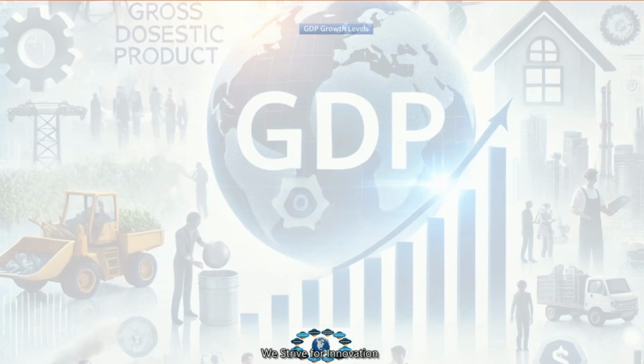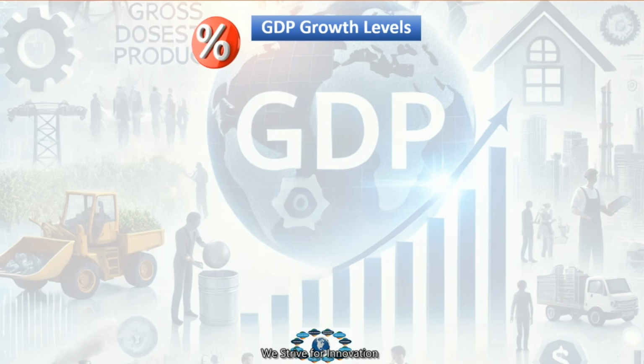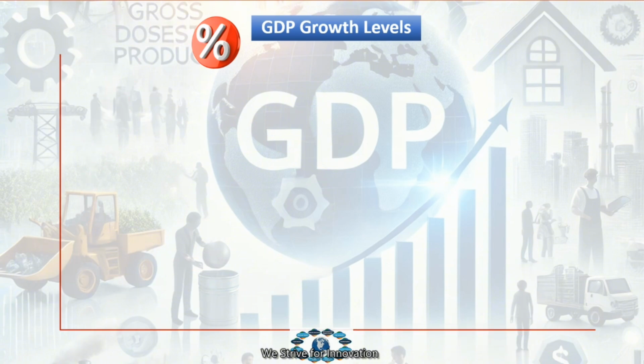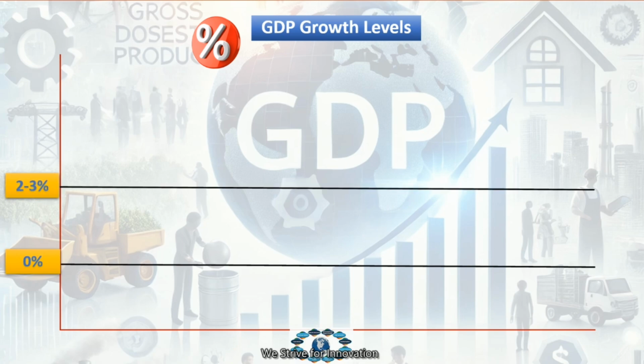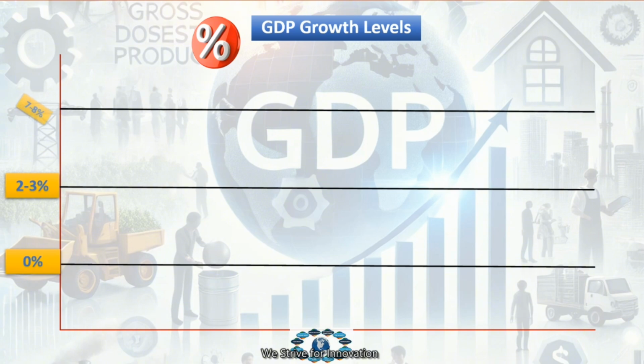So now let's look at the levels, and how that GDP is evaluated. Let's put the charts and see those levels. We'll have first the 0 level, and then the between 2 and 3% level, and then the 7 to 8% level.